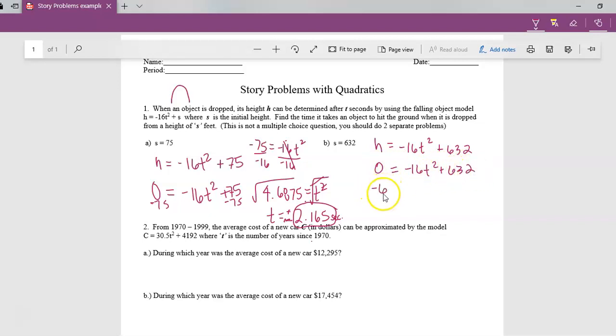Subtract 632 from each side. Divide both sides by negative 16. 632 divided by 16 is equal to 39.5, and then just take the square root. Remember, we only want the positive solution on this one. The square root of 39.5 is equal to 6.285.